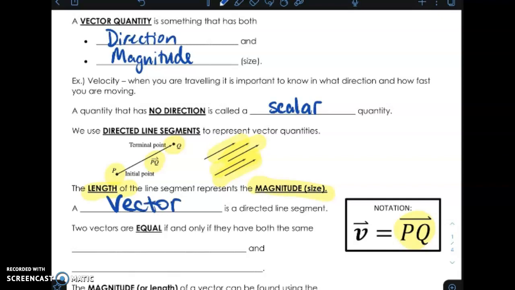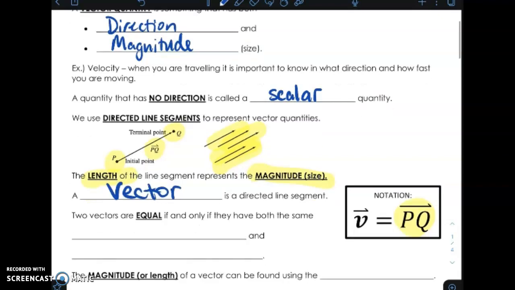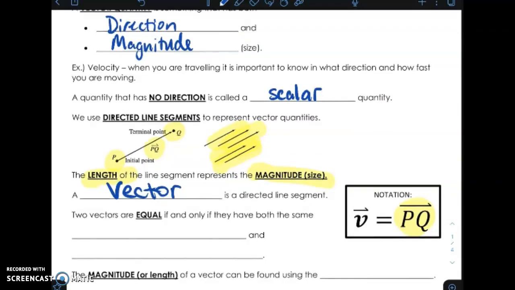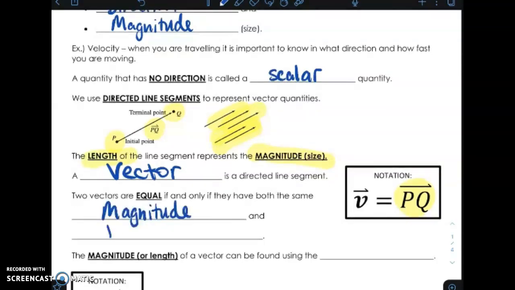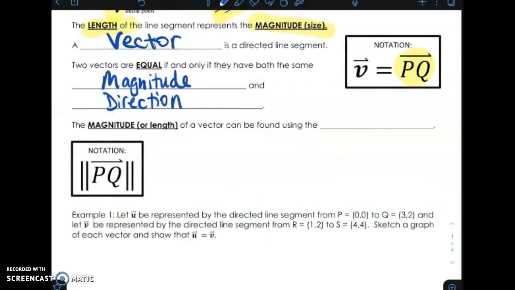Two vectors are equal if and only if they have the same magnitude and same direction. They must be the same size and they must be going in the same direction for them to be equal. The magnitude or length of a vector can be found using the distance formula.